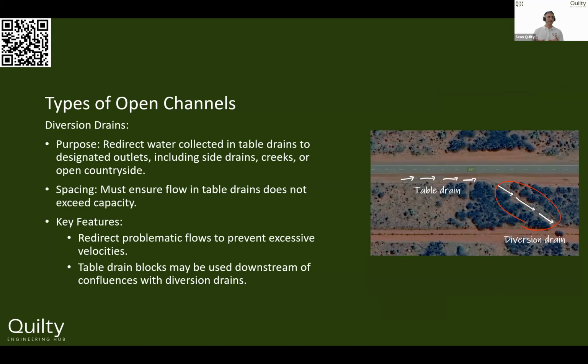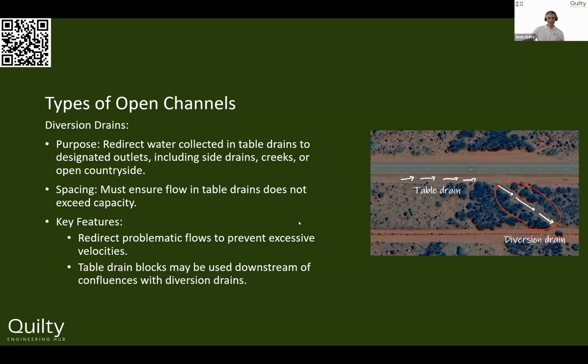So once the table drain collects too much water and that drain hits capacity, we can then divert that water off to the side to go somewhere else. And so then downstream, you'd have a nice new table drain that would start collecting a new catchment. Usually we'll space these out to make sure that these table drains divert or discharge water at suitable spacings. But that's typically what we're looking at.